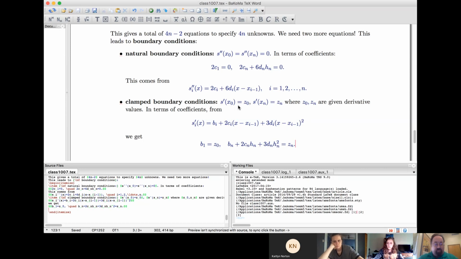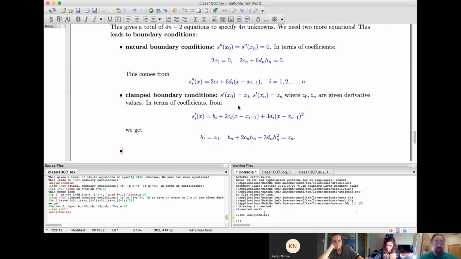I will briefly mention one other kind of boundary condition, what are called not-a-knot boundary conditions.